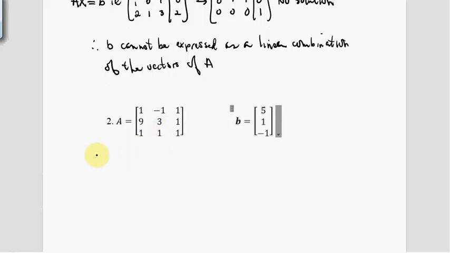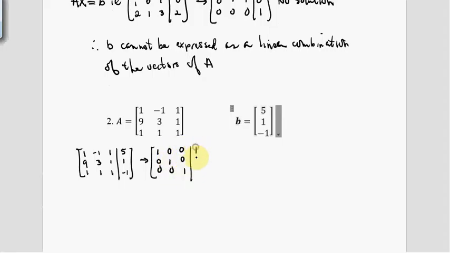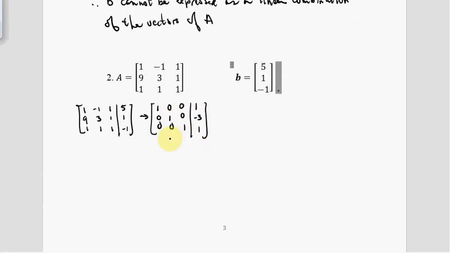And so now what this means is that I can write B as a linear combination of the rows of A this way.